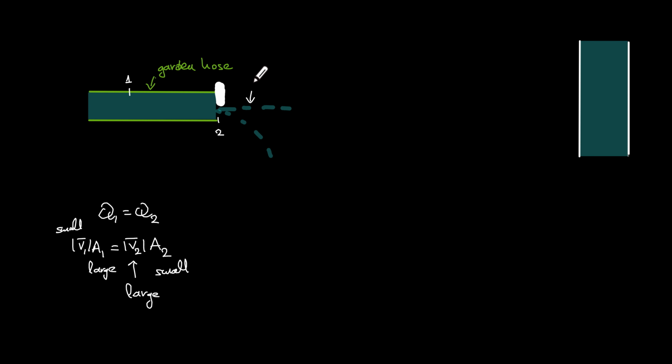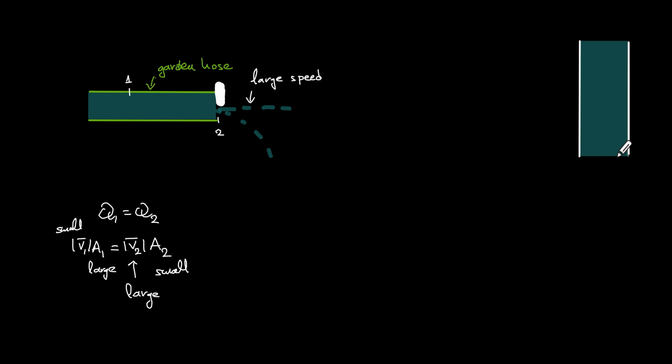This is how I can make the water flow fast, to move fast as it's coming from the garden hose. This is an example of the equation of continuity.